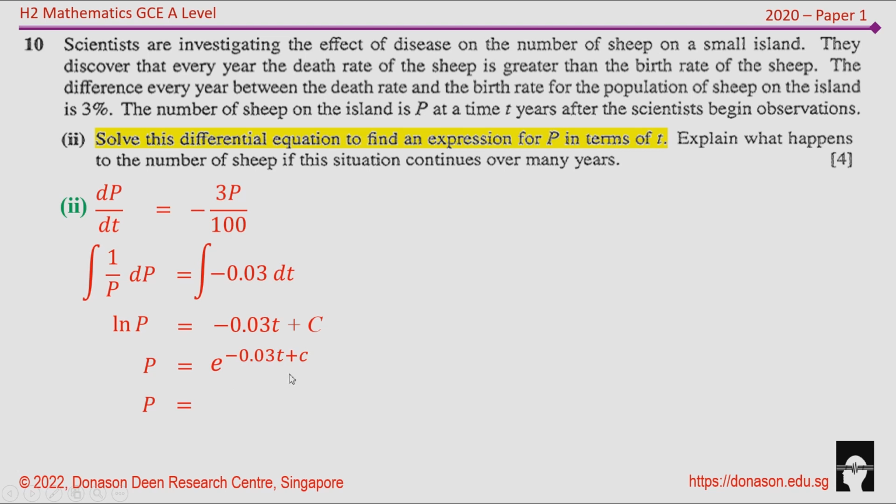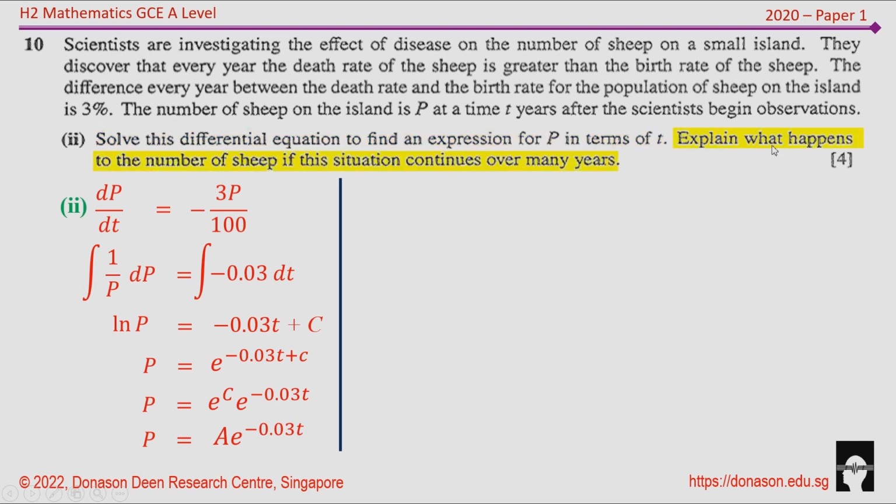Now e to the power of c is also a constant, so I can split it up: e to the power of c times e to the power of negative 0.03t. Since e to the power of c is a constant, I can replace it with a single constant, denoted by A. So I can just call this A e to the power of negative 0.03t. So we have solved the differential equation for P as a function of time t.